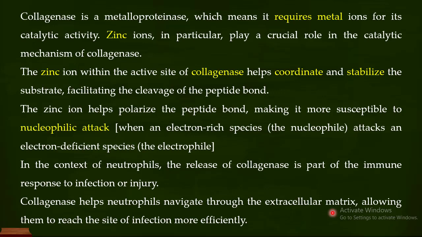If they are in their stable form, the neutrophils will find it very hard to reach the site of infection. But when the neutrophils release these collagenases, the collagen is broken down, and the neutrophils find a way to enter the site of infection and then perform their immunological function. So it is very logical why the neutrophils release these collagenases.